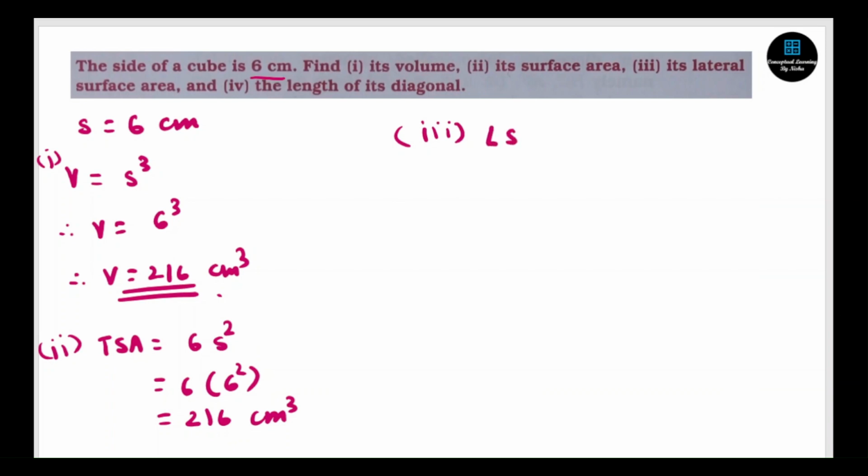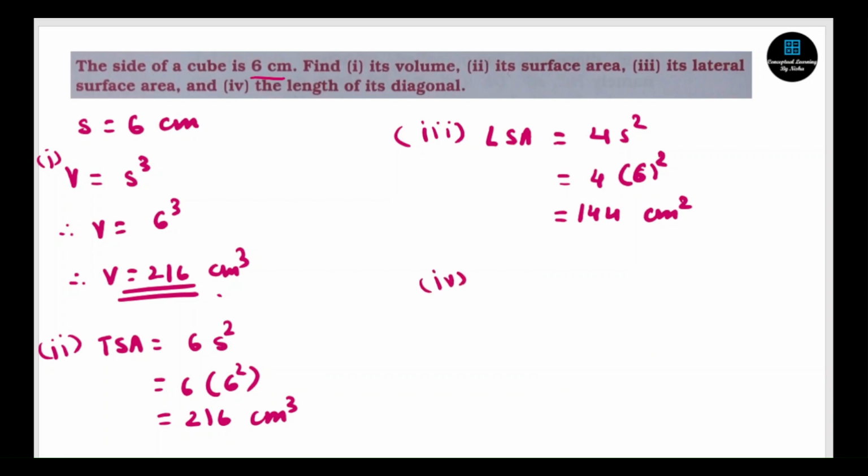So lateral surface area is nothing but 4 times side square, right? So that is nothing but 4 times 6 square. So when you simplify this, what do we get? 144 centimeter square.